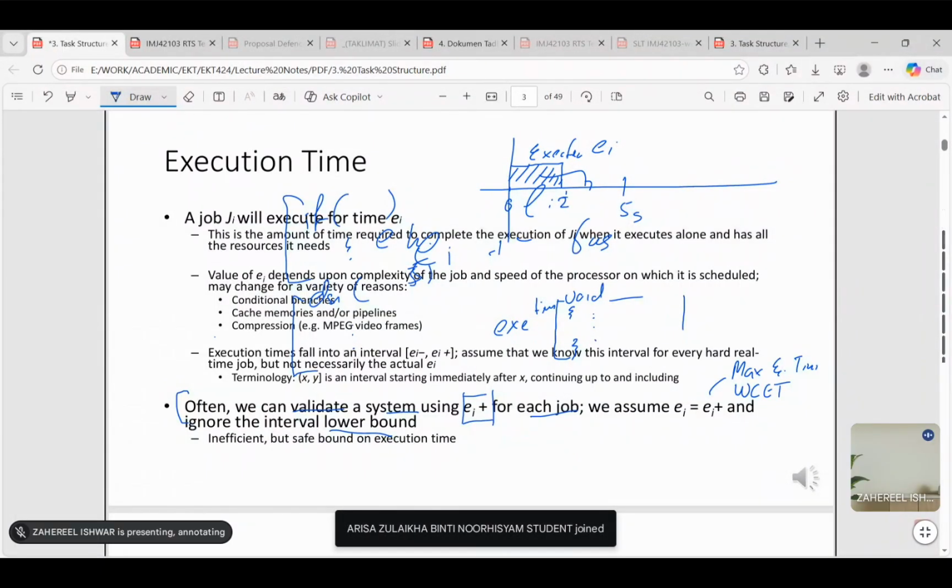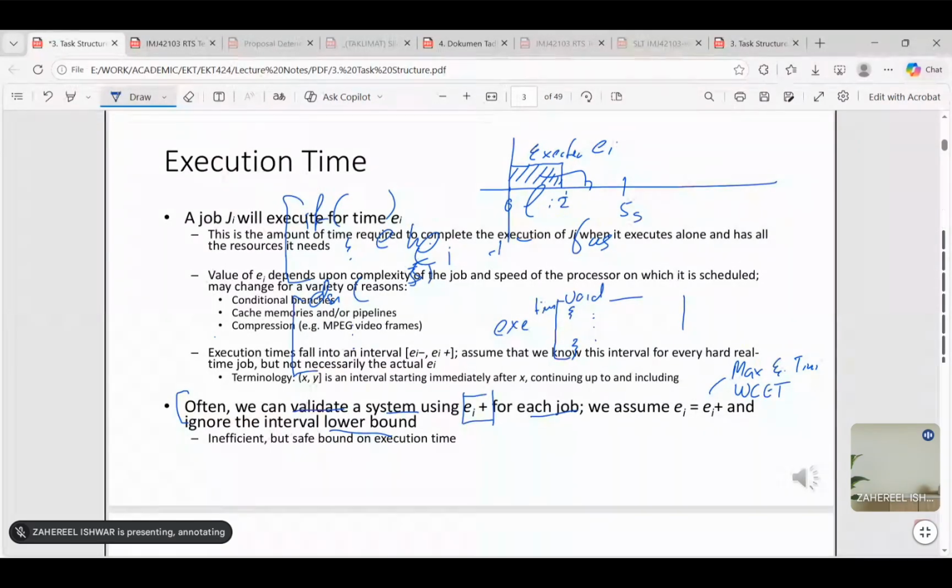Now, why do we do that? Why don't we take E sub I equal to 4? Because generally, there is a law that says something, because it's a safety measure. Something that can go wrong, it will always go wrong.